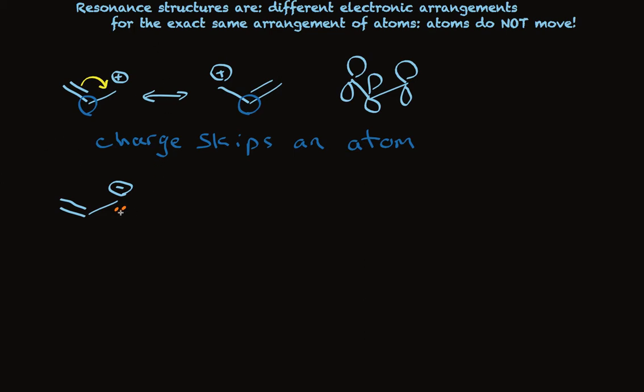We could write a second resonance structure where the arrow goes away from negative charge. We picture this pair of electrons being used to form a pi bond, but that can't happen. This carbon will not have enough room in its valence shell because it has a filled outer shell now. That can't happen unless this pair of pi electrons moves up here.